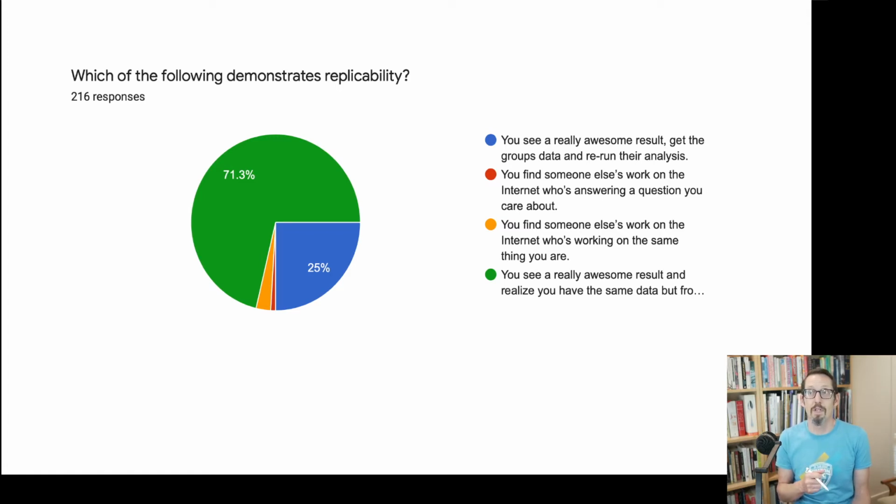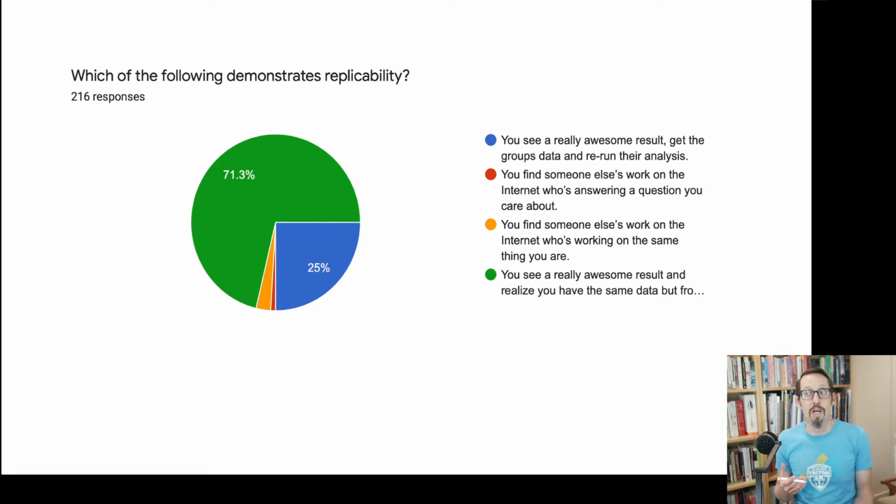You replicate when you take the same methods and hopefully the same software and you apply it to brand new data. That is a replication. So you see a really awesome result and realize you have the same data, but from a different group of people.